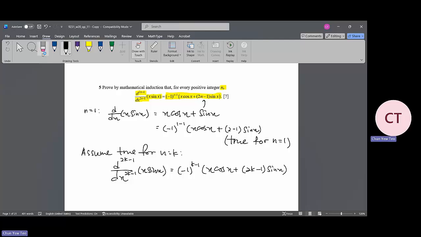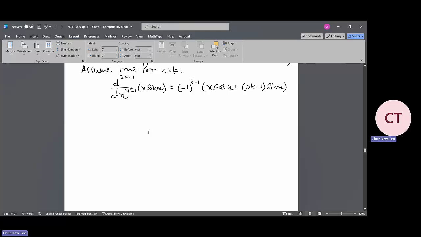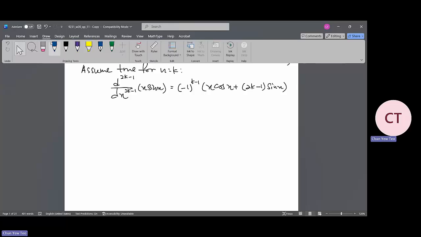Okay, so this is the second statement. Just say that we assume it's true for n equal to k. Now we want to continue with the third statement where n is equal to k plus 1. When n equal to k plus 1, you need to show that this statement, with all the k becoming k plus 1, is also true.